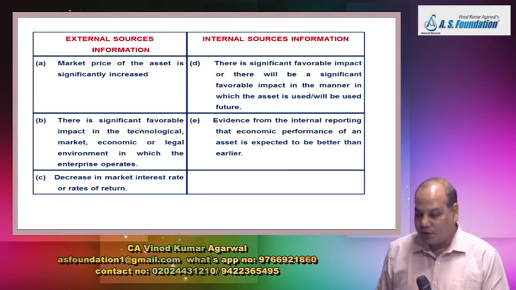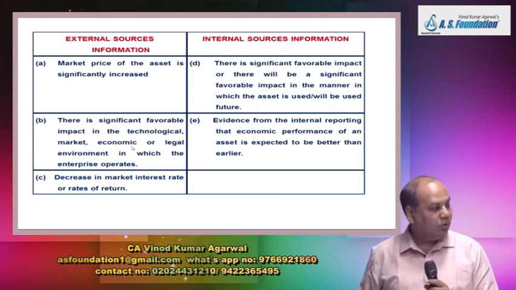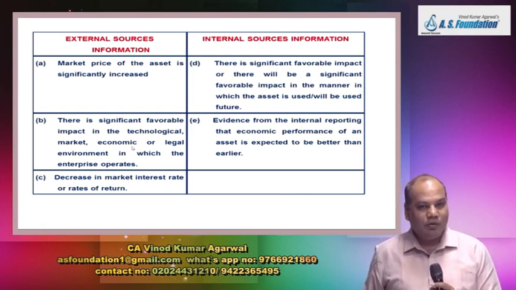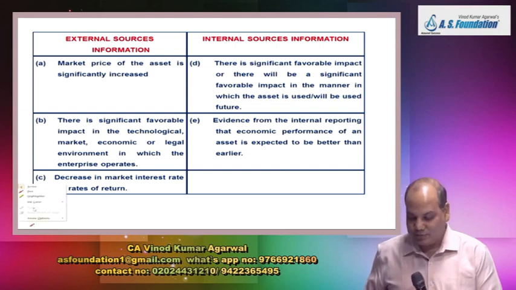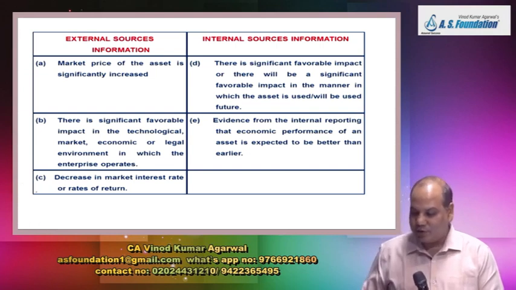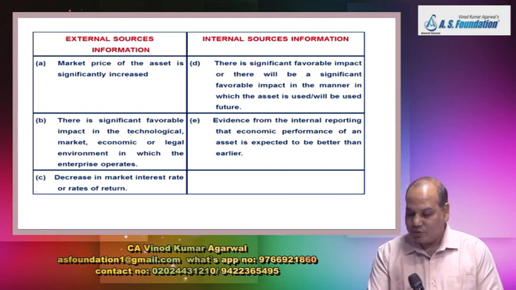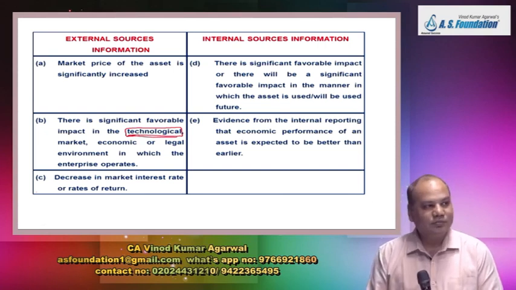Second, there is a favorable impact in the technological, market, economic or legal environment in which the entity operates. So some examples we'll quickly take. Yesterday you were manufacturing a mobile phone. Technology had changed, so you provided impairment loss.